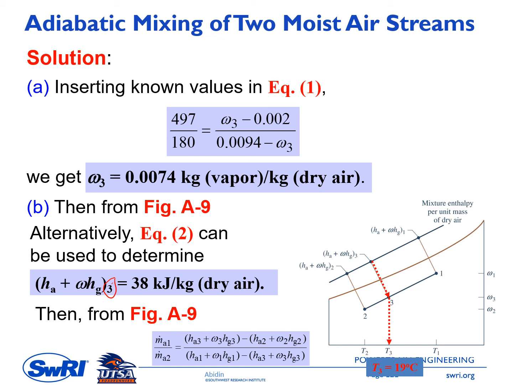Once you get this enthalpy, then you can draw a line along this constant enthalpy of 38 kilojoule until it intersects the line connecting point 1 and point 2, and you will get point 3 here. And then you just draw this line going down, crossing the horizontal axis, and you will get T3 of 19 degrees C. So this is the second option of getting T3.